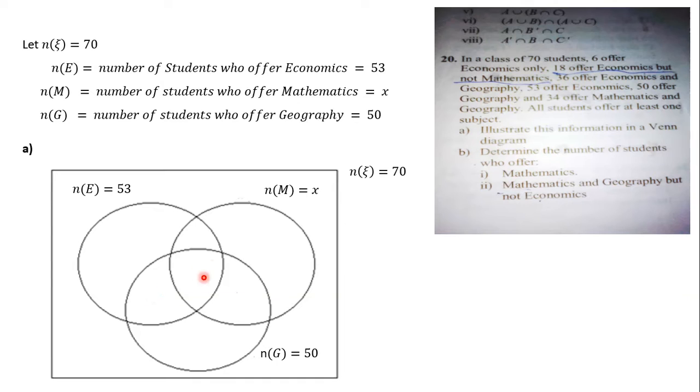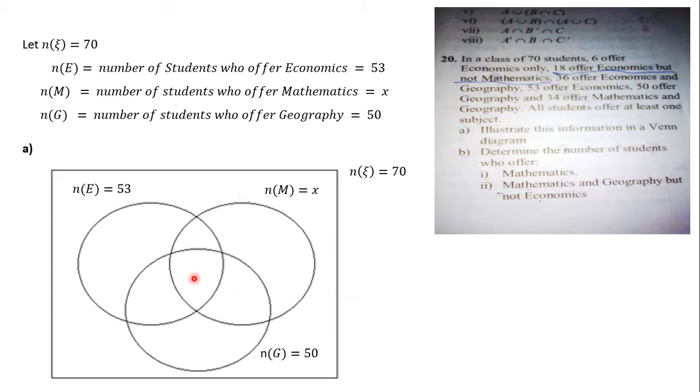However, if you consider the two parts together, we say this is what? Both economics and geography. So it includes mathematics too. This is both economics and geography, both economics and mathematics, and this is both geography and mathematics.